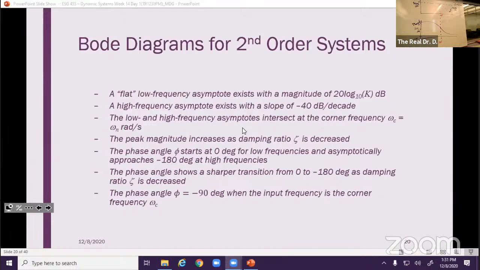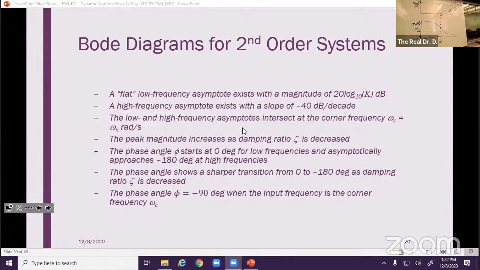What happens if you have S in the numerator? We're really not going to talk about it too much, and it doesn't really affect magnitude, because magnitude is the straightforward calculation. But where it really takes effect is in phase, because now instead of 0 minus something, you get something minus something else.